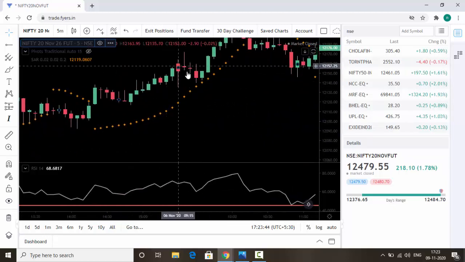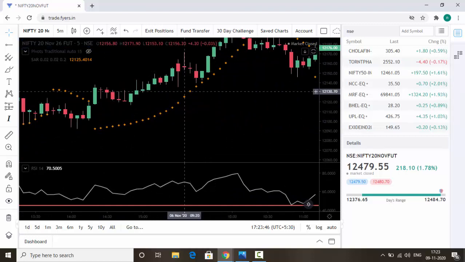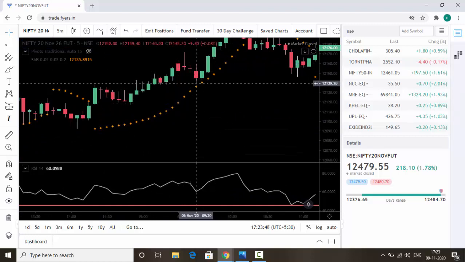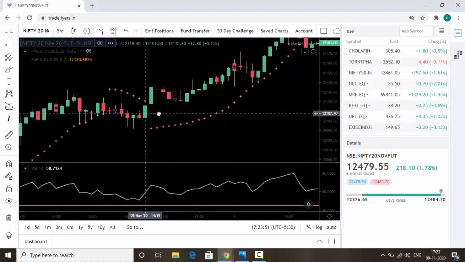Here you can see three continuous down candles formed, but Parabolic SAR is lower. We want the upper side.